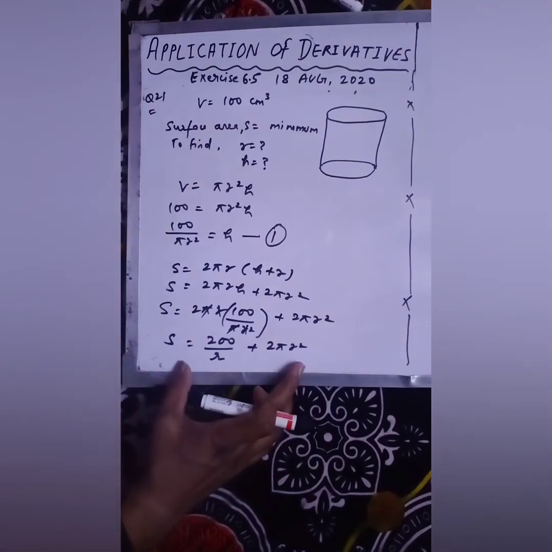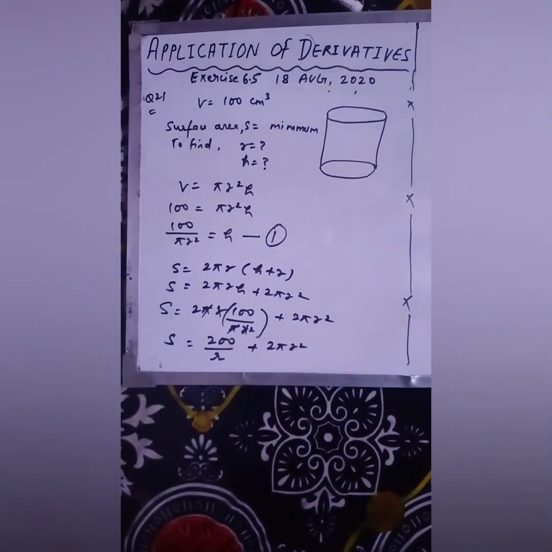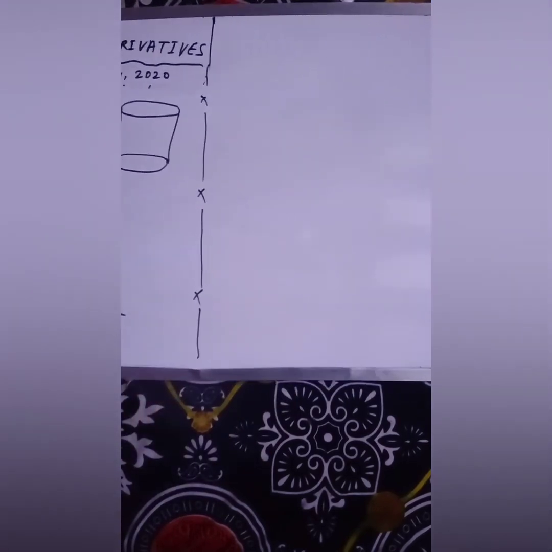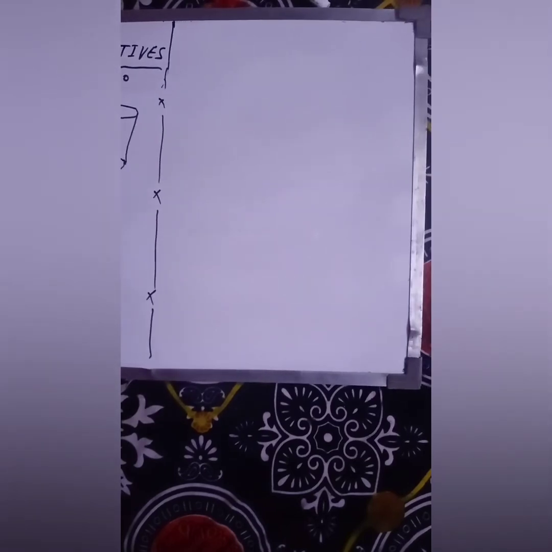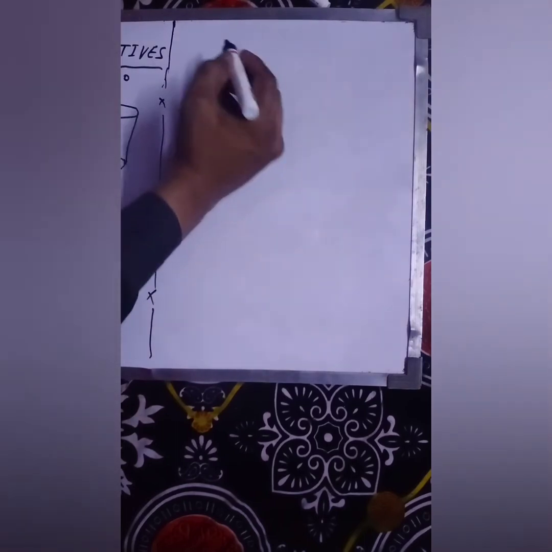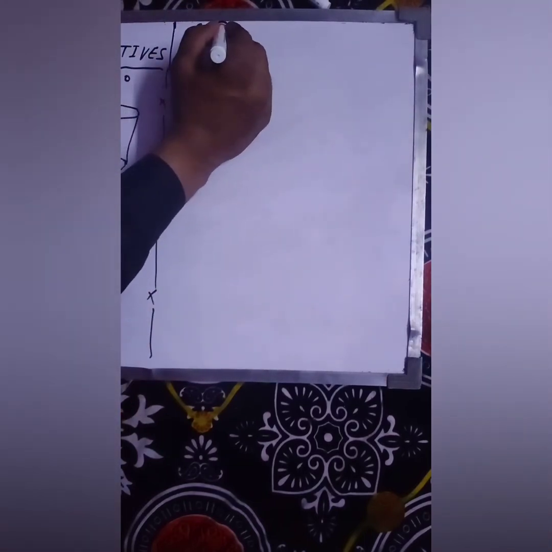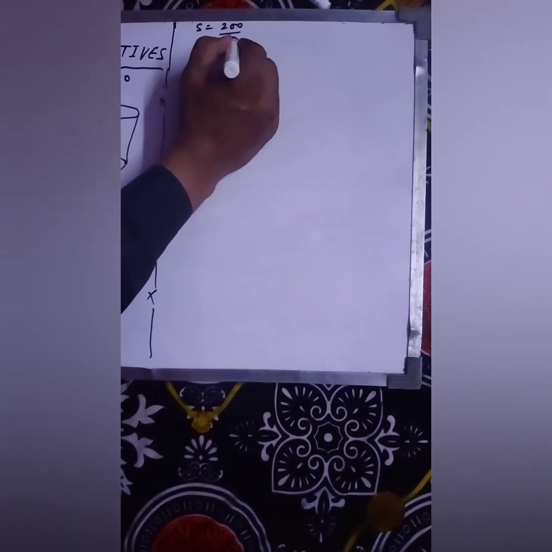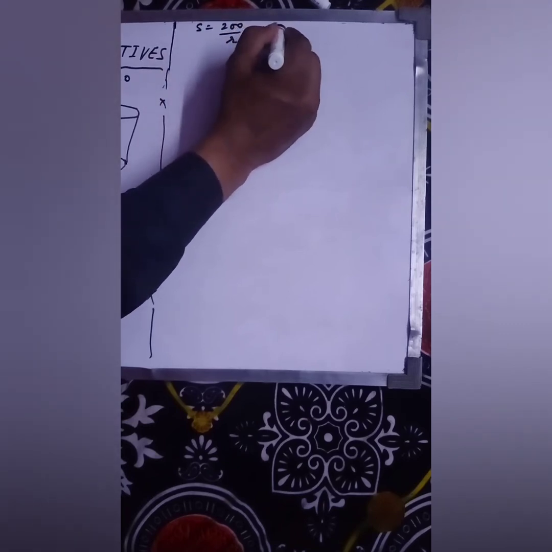Now we have to find the first derivative of this value. Your S is 200 upon r plus 2 pi r square.